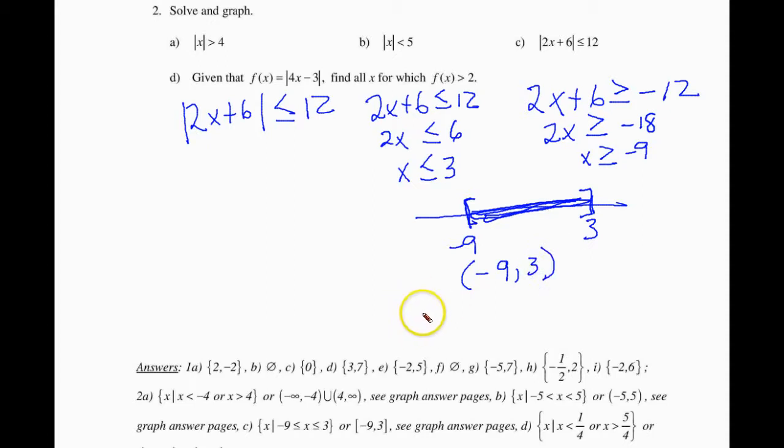In set builder notation, you're having it as brace, x such that, that's what that vertical line means, x such that, and it's starting at negative 9, and you're going to put in these signs. Negative 9 less than or equal to x is less than or equal to 3, and brace again.